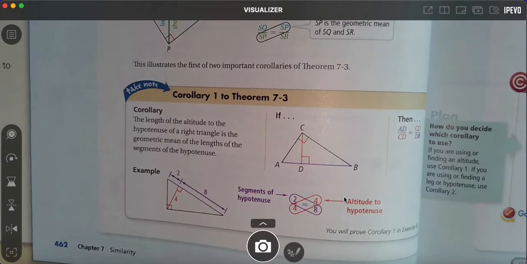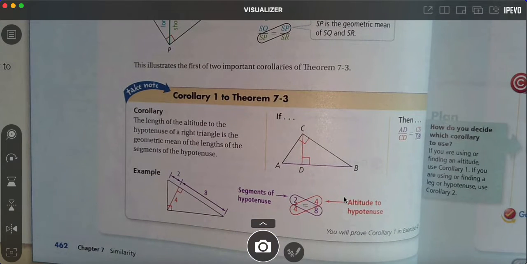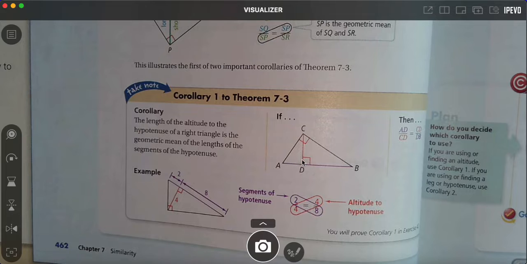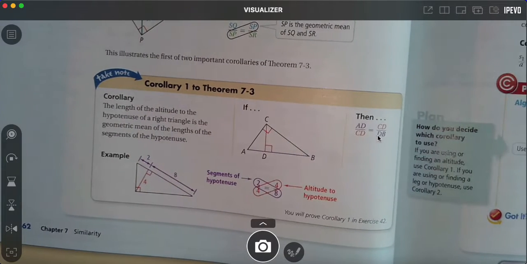Okay. Here is this theorem. If we have this triangle and we have the altitude, that's what we started at the beginning of class last time. We were given an altitude in our right triangle. This is what the picture looks like. Now, if I have that, then I know the proportion that they have written right here.